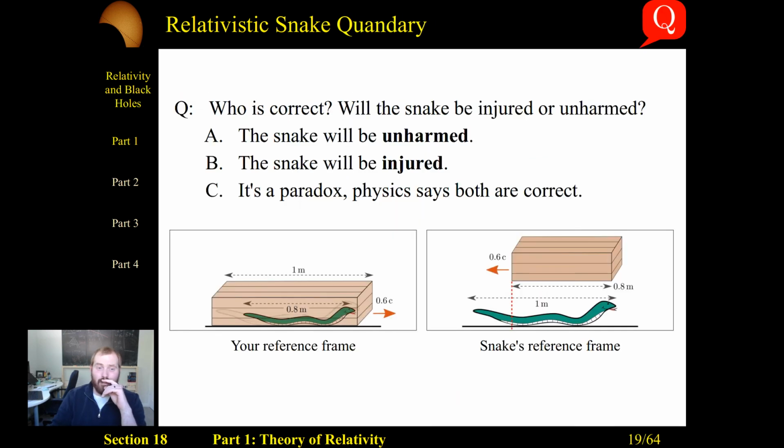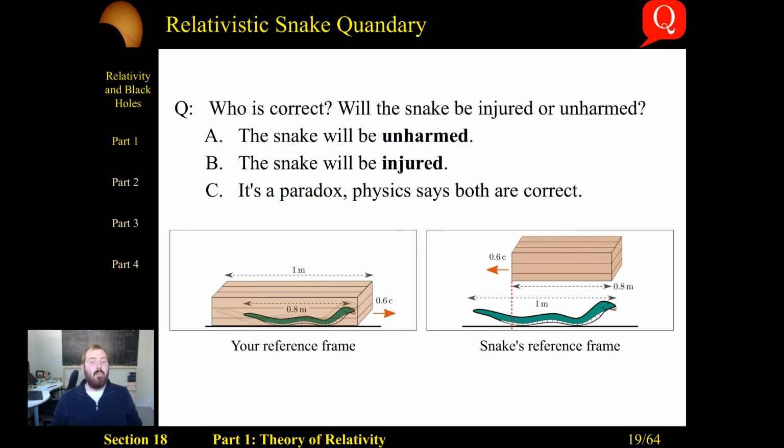So, who's correct? In your reference frame, you see a shortened snake. Your box is big enough to hold the snake. But in the snake's frame, it sees a shortened box, and if you drop that box on it, you're going to hurt the snake. So who's correct? Can both be correct? Is this a paradox?